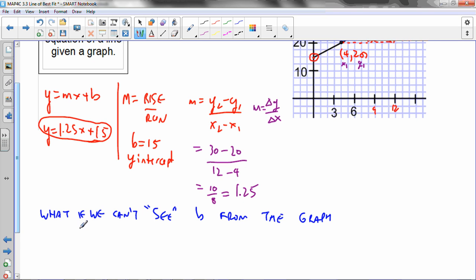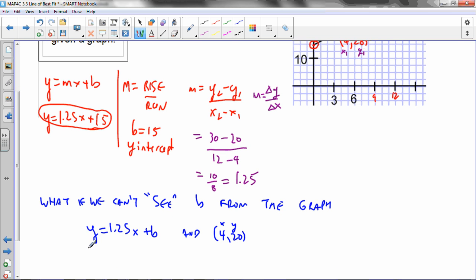And you learned this back in grade 9 or grade 10, I think. And so we've got the slope still. We calculated the slope using 2 points, but let's say we couldn't see that it was 15. Well, just use one of our points, and it doesn't matter which one. If that's x and that's y, that gives me a specific value that's on the line. So I could put in y is 20, x is 4, and then I can calculate what b is.